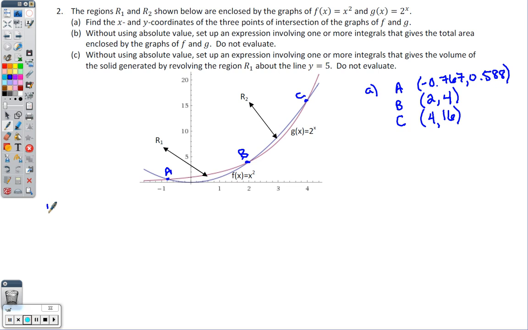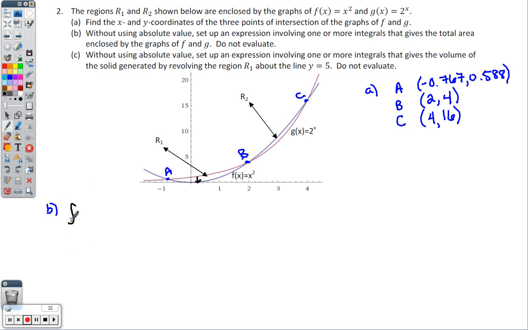So looking at this, I can see that for R1, my area going from top to bottom, making tiny little arrows here, is going to be the integral. I'm going from A to B, but we can't just write A to B, because if I write A to B, they're not sure if I'm using the X value or the Y value. So we have to make sure that we don't just put that.